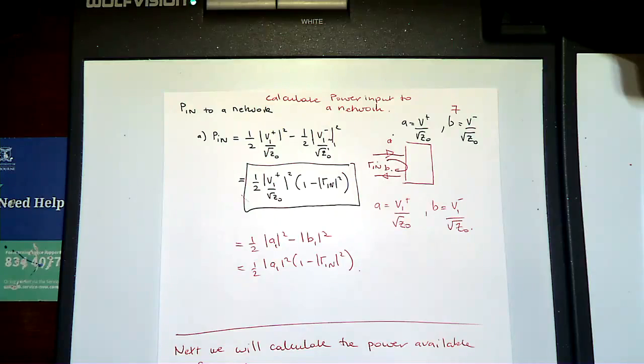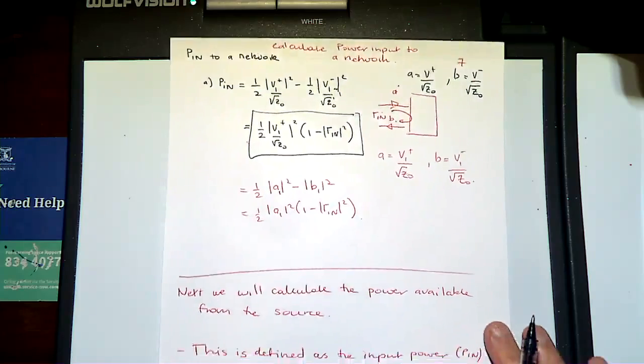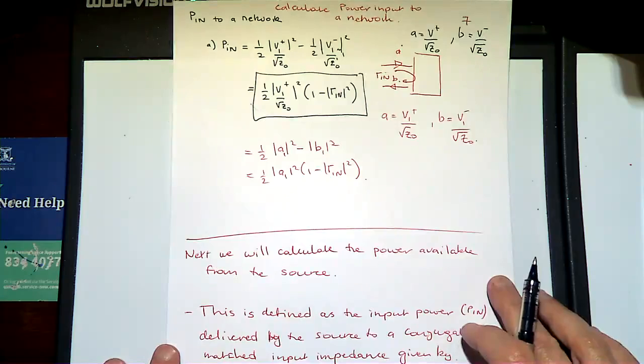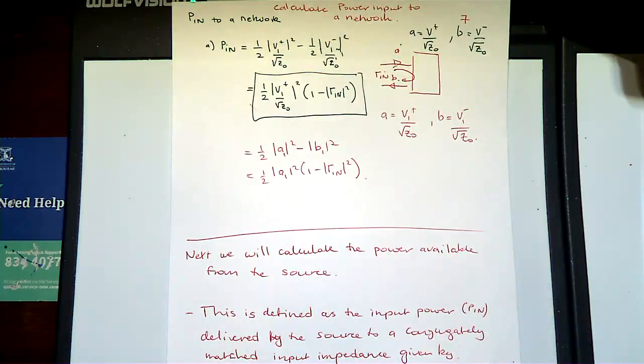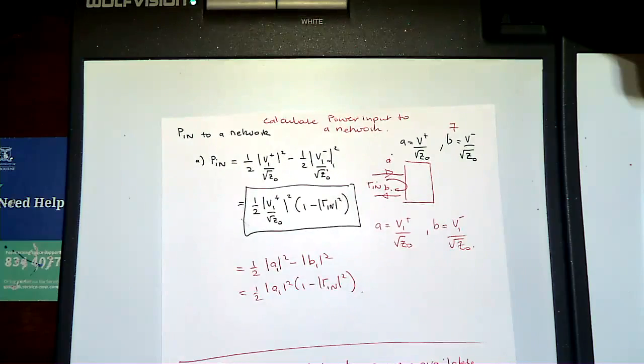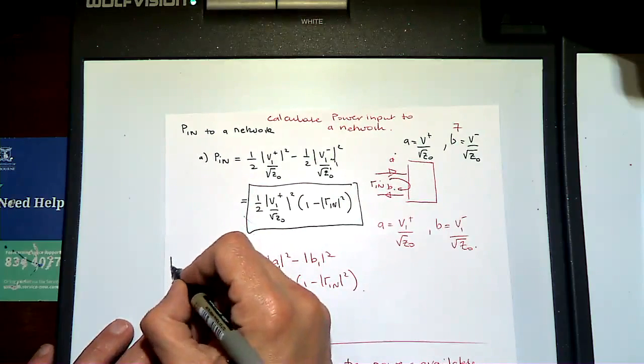Now, I'm going to talk about what's the difference between this and the next concept, which is the power available from a source. Okay, so I've got a network. Here I've got a signal.